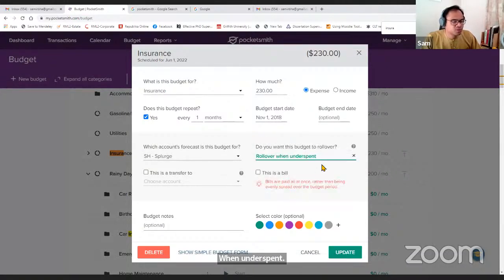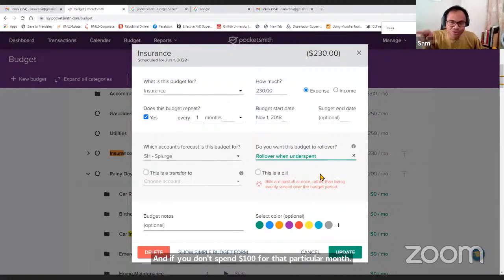This means that, say for example, you're setting aside $100 for insurance each month, right? And you've got a big lump sum. You're paying your car insurance on a yearly basis. You've got a big lump sum of, sorry, we'll say $1,200 once a year, all right? That's easier to divide. Then we'll put aside $100 each month into this budget. And if you don't spend $100 for that particular month, it rolls over, all right?